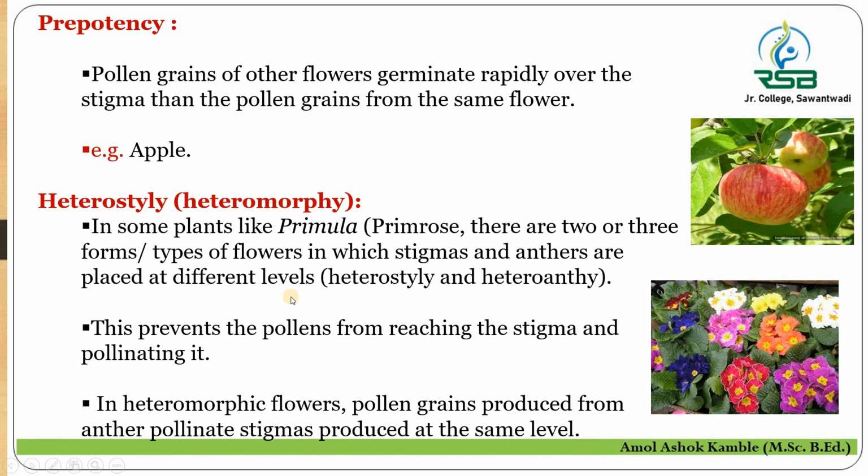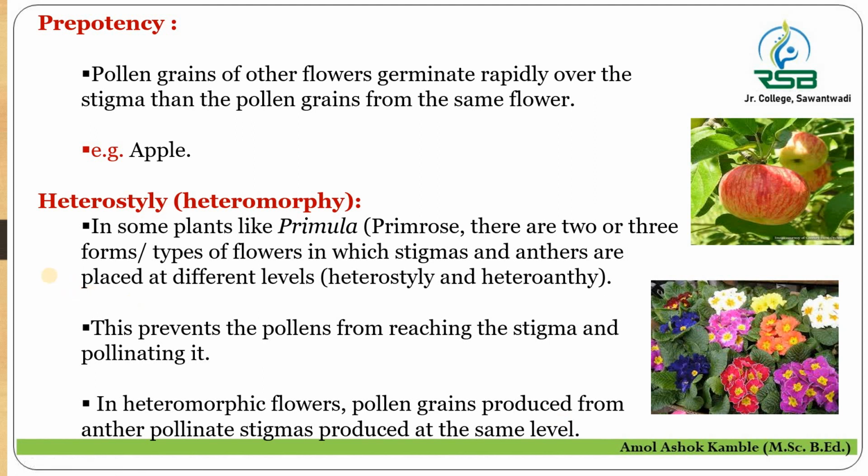In heterostyly, particularly in primula or primrose, there is presence of 2 to 3 various forms of the flower, which are present at different levels to prevent the pollen grain from reaching the stigma. But here in heterostyly, the pollen grain from anther pollinates the stigma which is produced at the same level. It is called heterostyly.